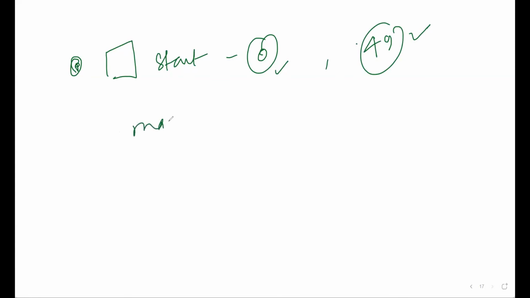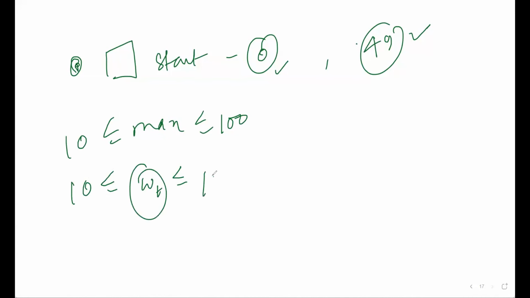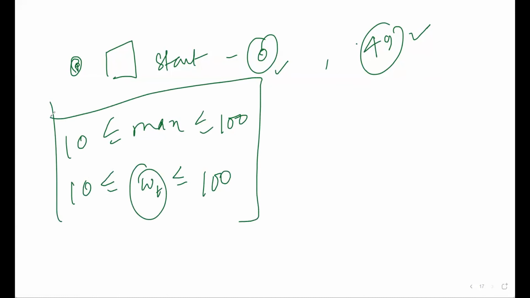So the maximum time limit can be up to 100. The smallest time limit is 10, and the smallest time to travel through any road is also 10. So this is the time taken by any road, and the maximum can be up to 100. So these are details about roads and the maximum time limit. The number of nodes, the value of n, can be up to 1000.